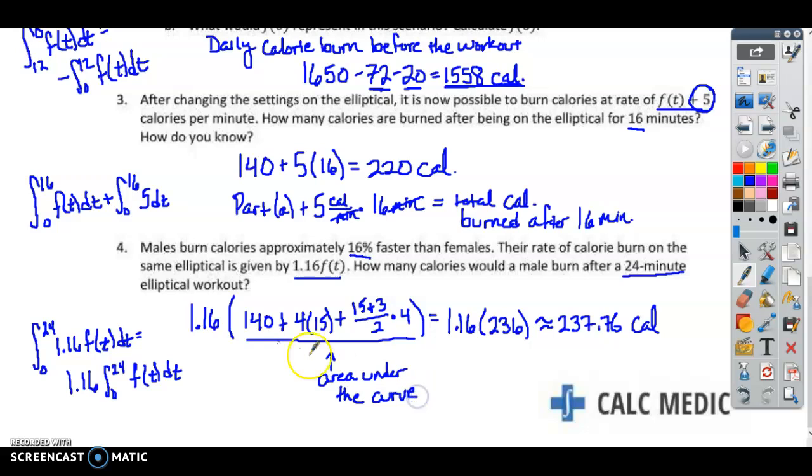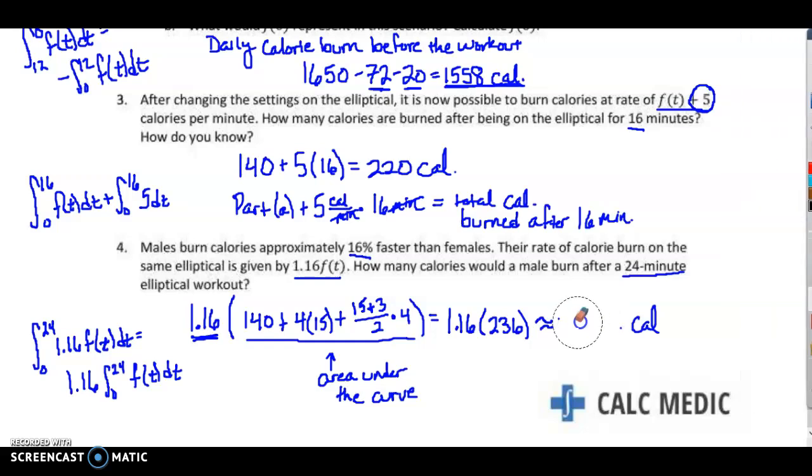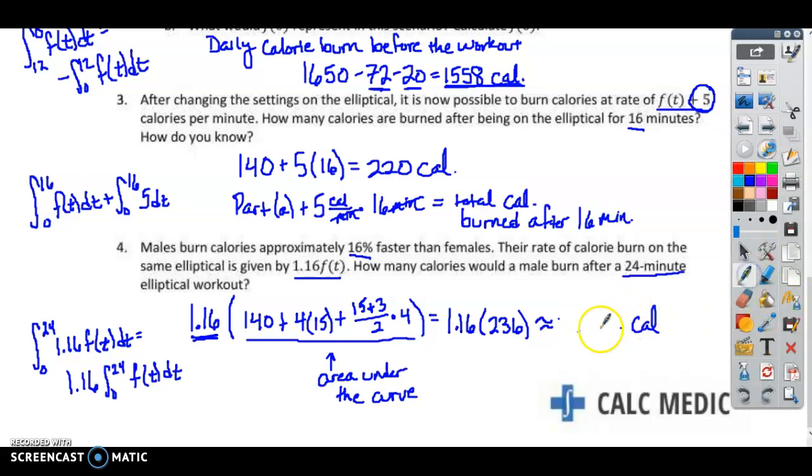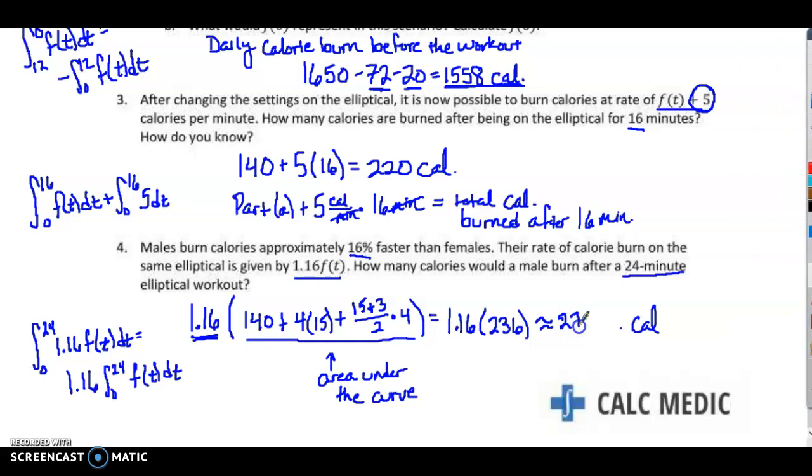Okay? And then we multiply by our constant right there. And we get approximately 273. A moment of dyslexia there. So 273.76 calories. All right, double check me on that one, but I'm pretty sure we're good.